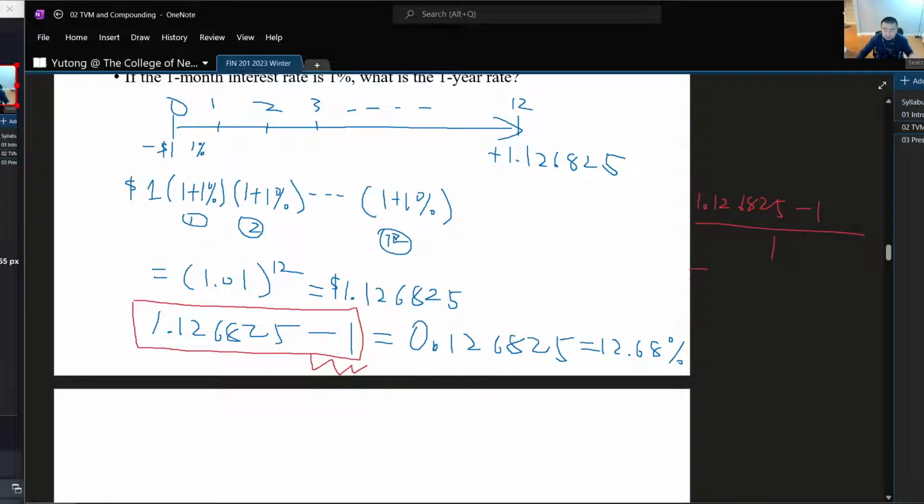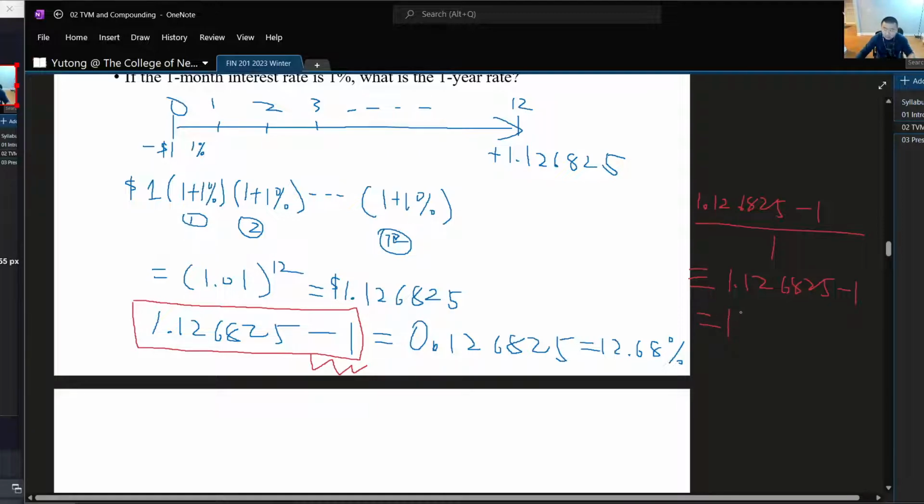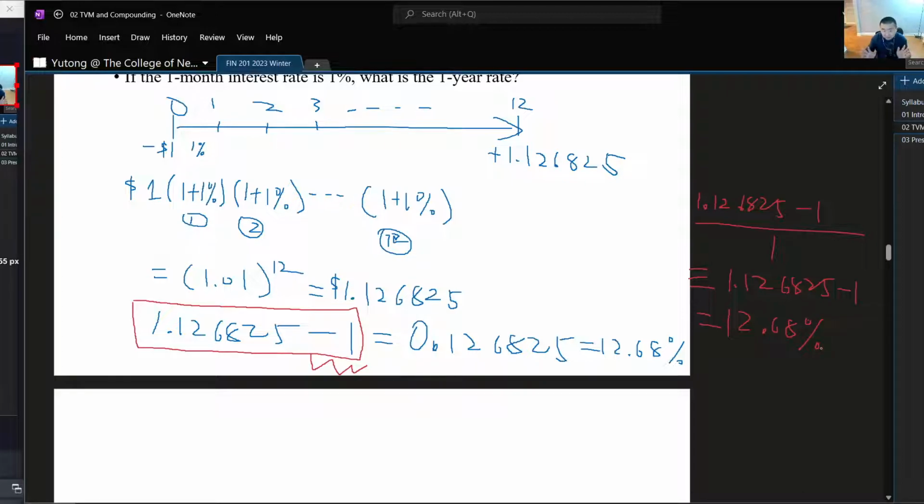So this is equivalent to 1.126825 minus 1, which is 12.68%.